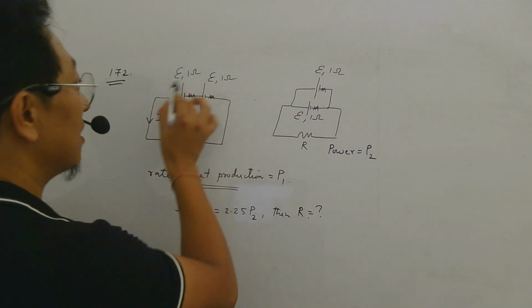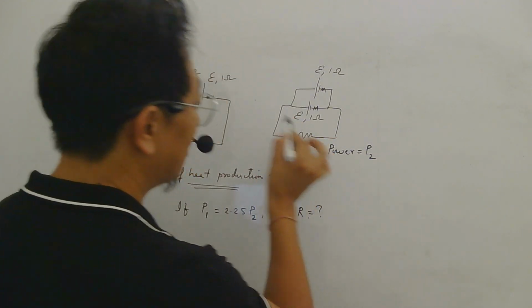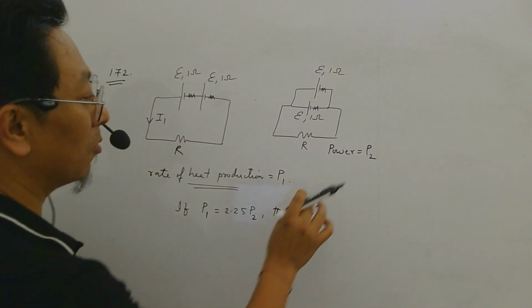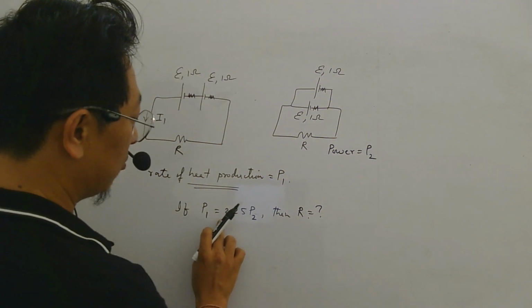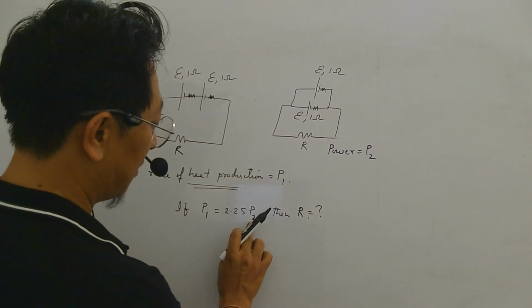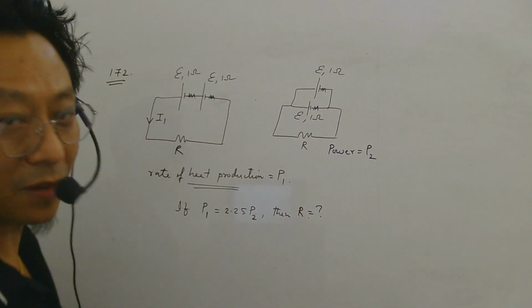Then the same cells are connected in parallel, and when you connect the same external resistance, that time the power consumed is P2. If P1 is equal to 2.25 times P2, then we have to find the external resistance.